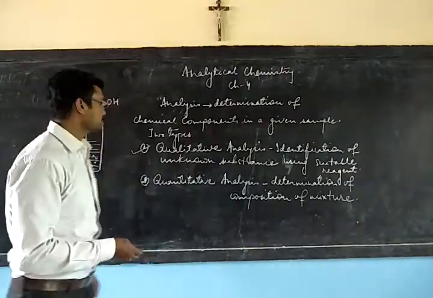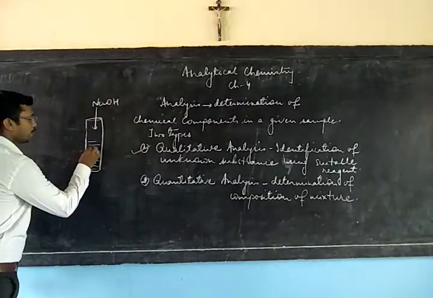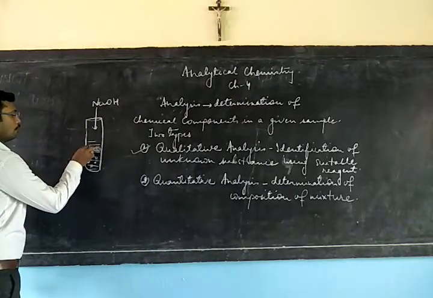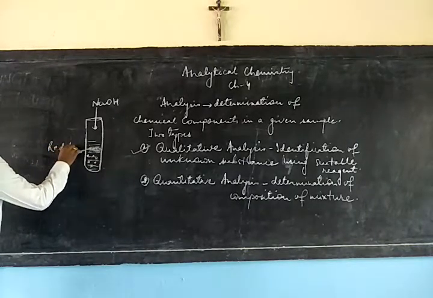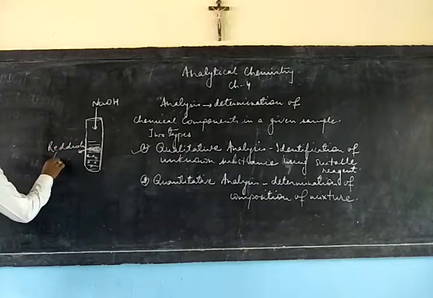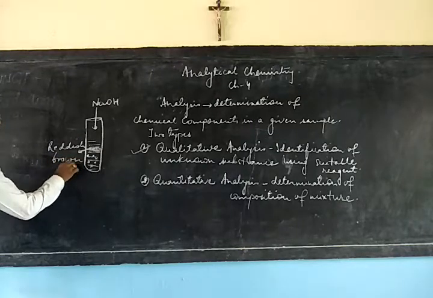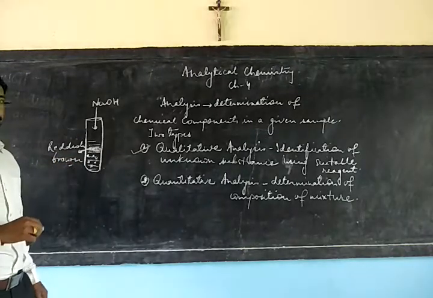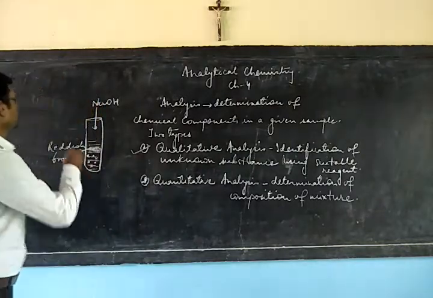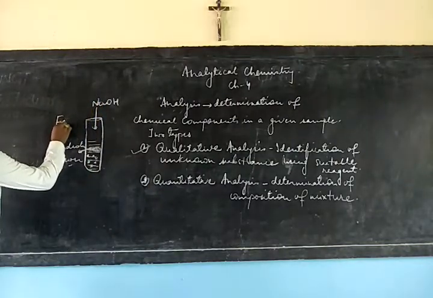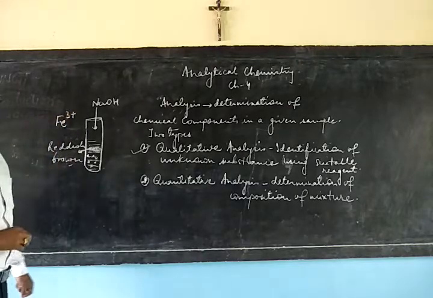For example, if the precipitate forming is of reddish brown color, then the metal ion present in this salt will be ferric ion, that is Fe3+ ion.